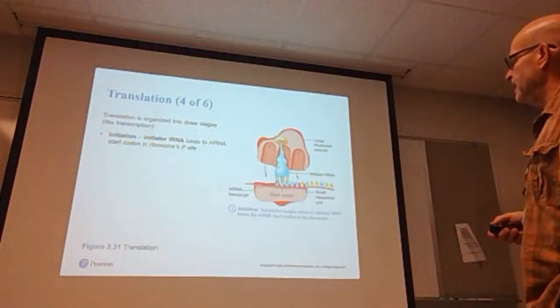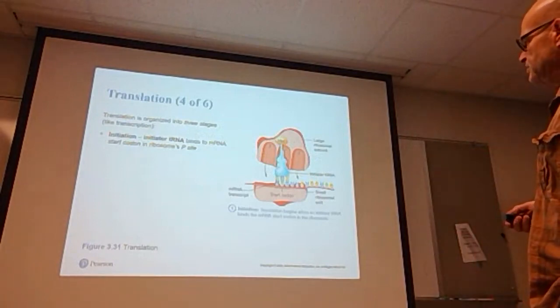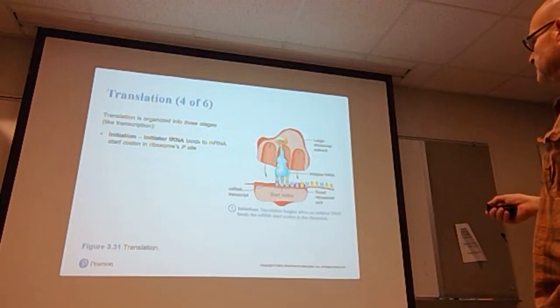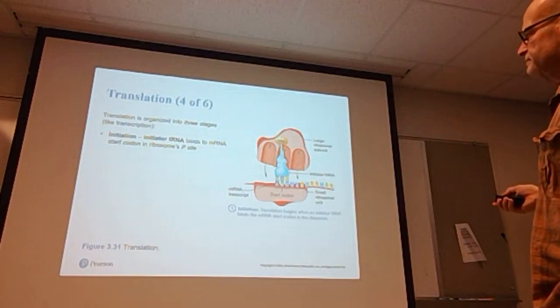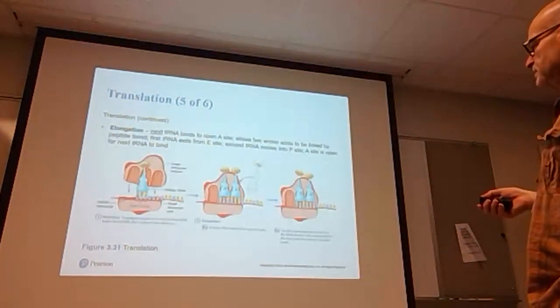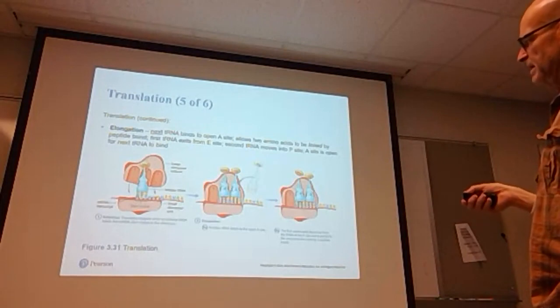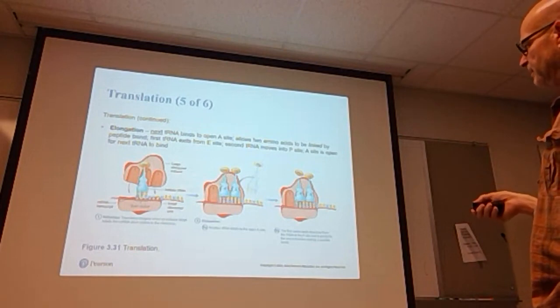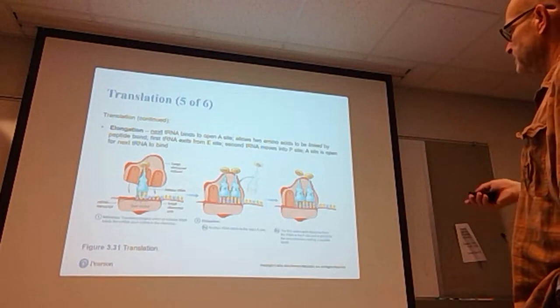Translation is organized into 3 stages, beginning with initiation. Here's my ribosome. Here are my 3 sites, the exit site, the P site, and the A site. As you can see, the P site is attached and moves along. This one will move into the A site to be picked up by an additional amino acid.